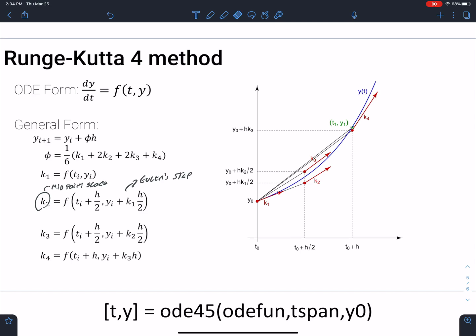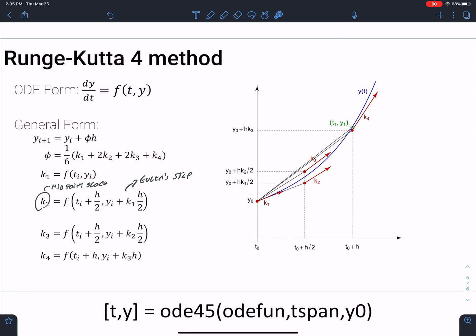We can also take K3, right? So for example, we already found out that K2 may be a better estimate for the slope that I need to use starting at x naught, right? By the way, note that here we went back to time as the independent variable. But we already found out that K2 may be a better slope for me to use starting from K0.